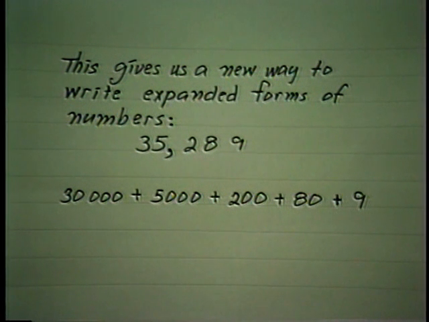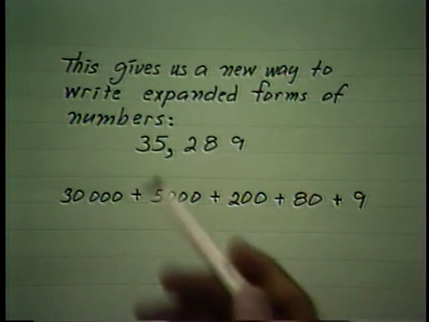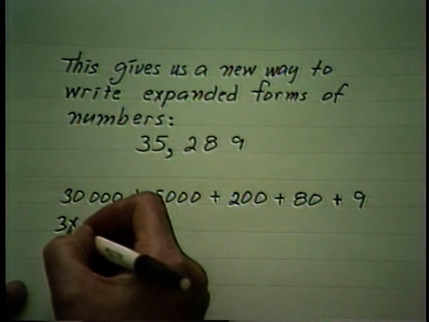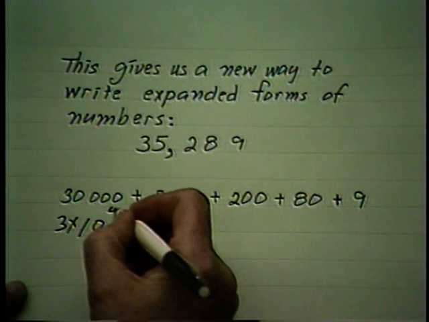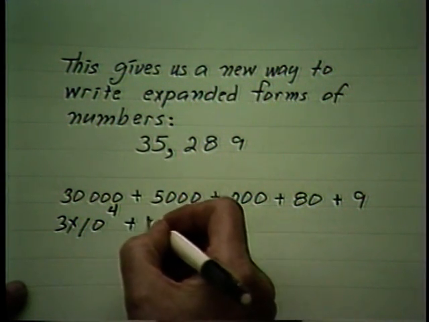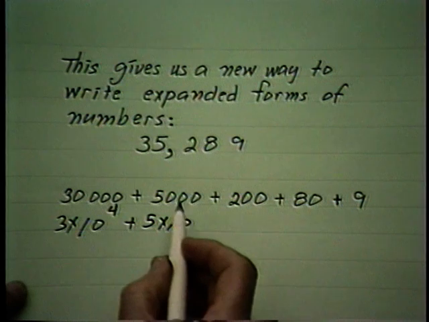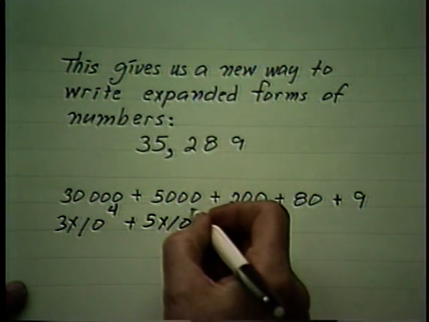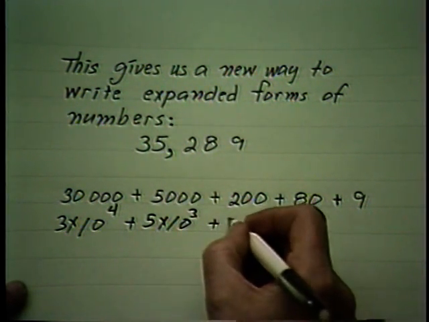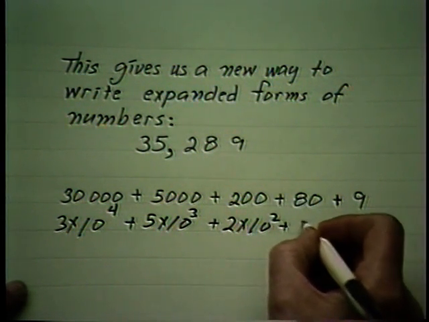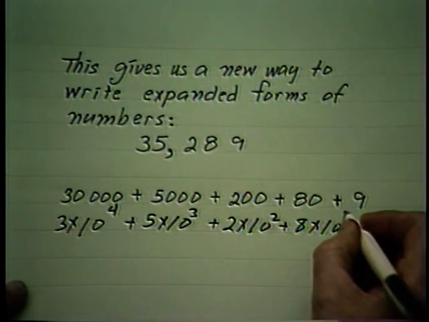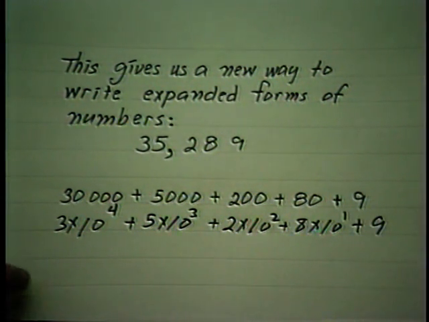But the powers of 10 also give us another way of writing numbers which have been expressed in expanded notation. We can write this as 3 times 10 to the fourth, there's 1, 2, 3, 4 zeros, plus 5 times 10 to the third, 1, 2, 3 zeros, exponent of 3. 2 times 10 to the second power, plus 8 times 10 to the first power, of course, plus 9.